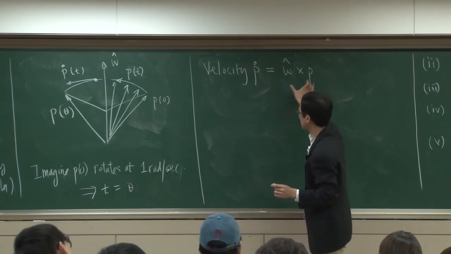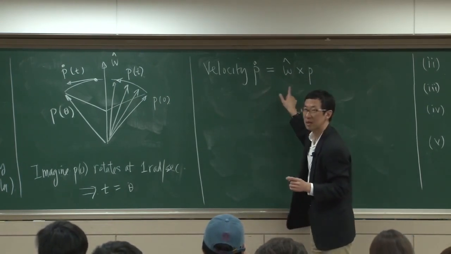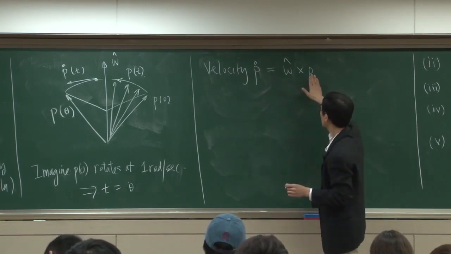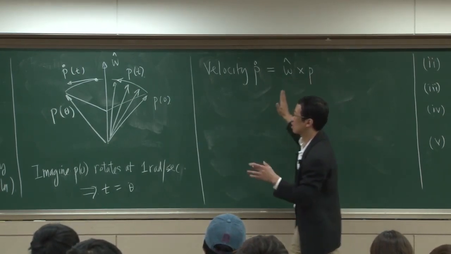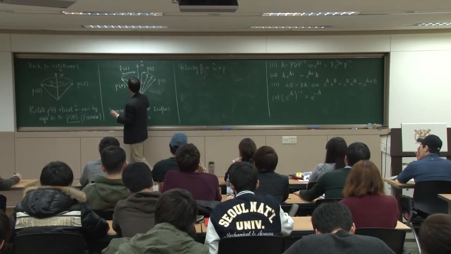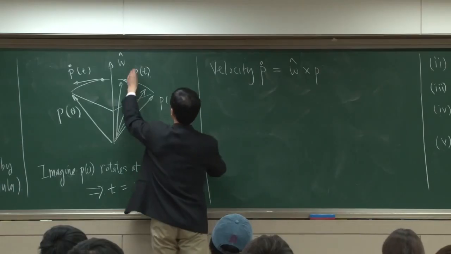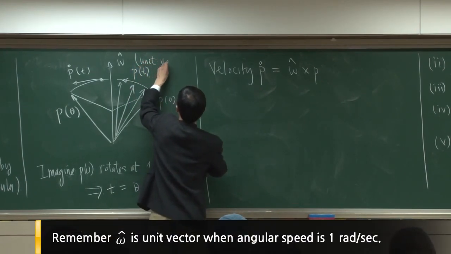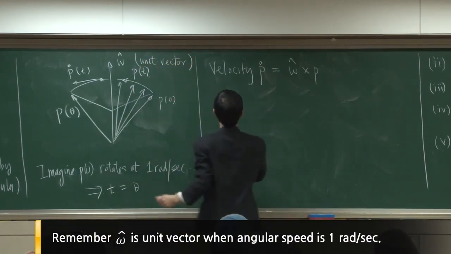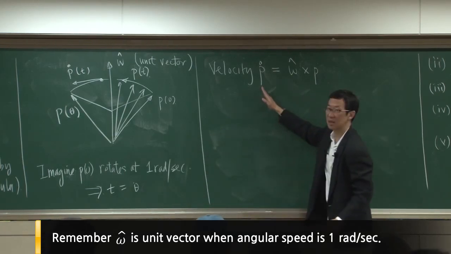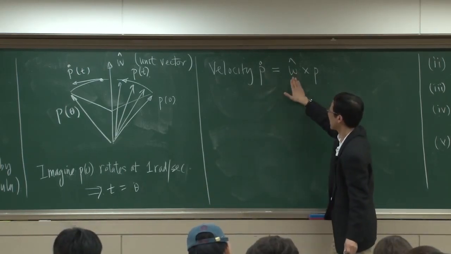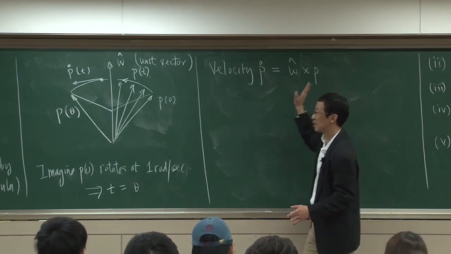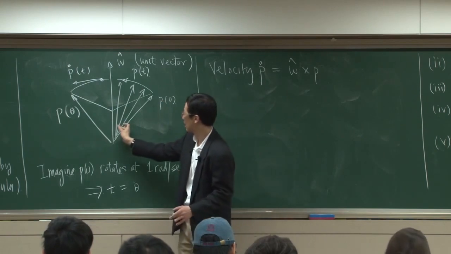And the magnitude is the magnitude of omega hat times the magnitude of p times the sine of the angle between them.